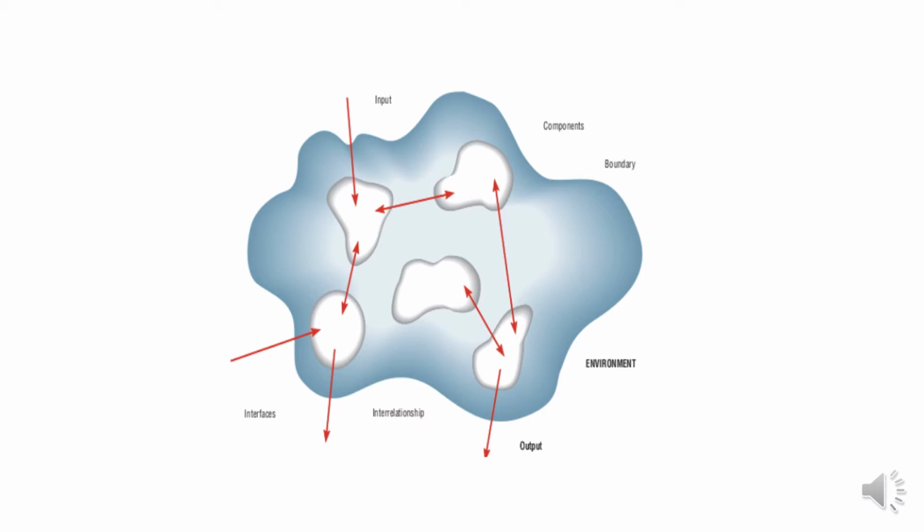This complete environment, the blue bubble that you see, should have input that should provide the input to any one of the components inside the environment, and the output can be generated by any one of the components. Interface provides the intercommunication among multiple components, and there is interrelationship which is part of the process and tries to meet the single objective which we discussed in the last lecture, that is called purpose.